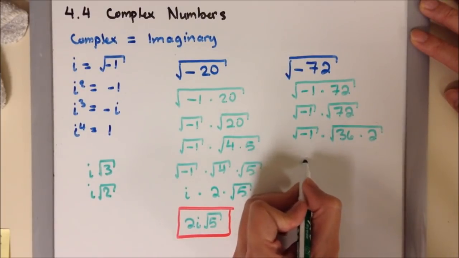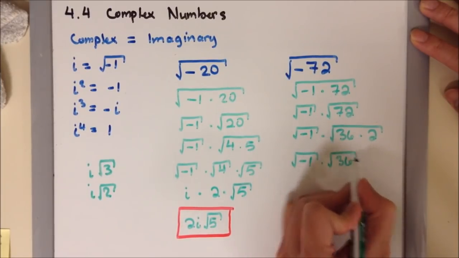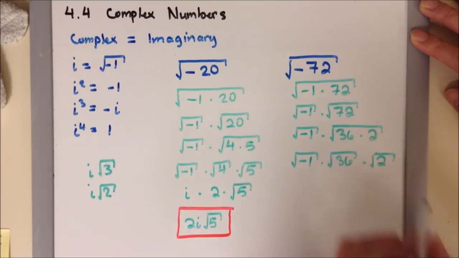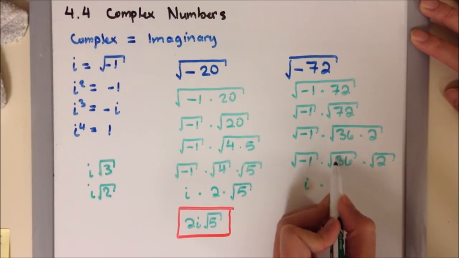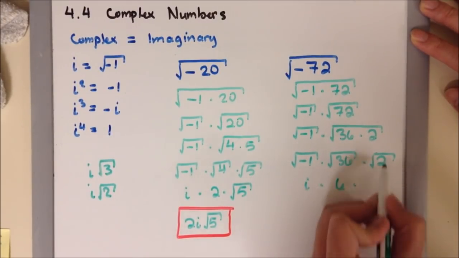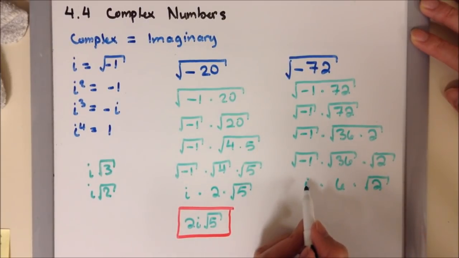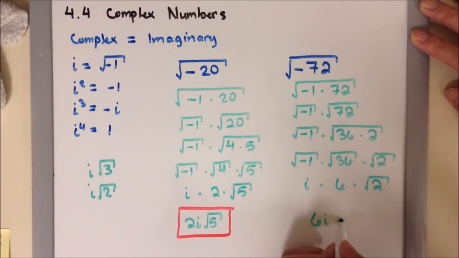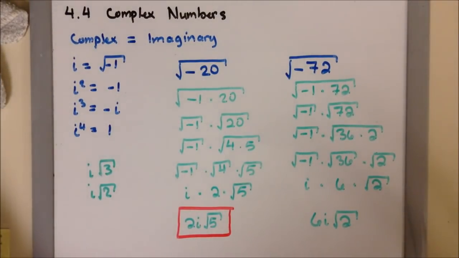So it will be square root of -1 times square root of 36 times square root of 2. So square root of -1 would become i, times the square root of 36 will be 6, times square root of 2. I can't do that, so it stays the same. So now we have i times 6 times square root of 2. That would be 6i square root of 2. And that would be my final answer when simplifying with a negative number inside the square root.